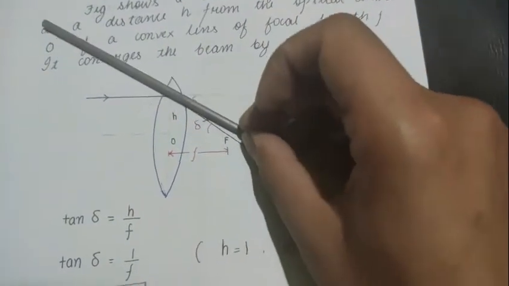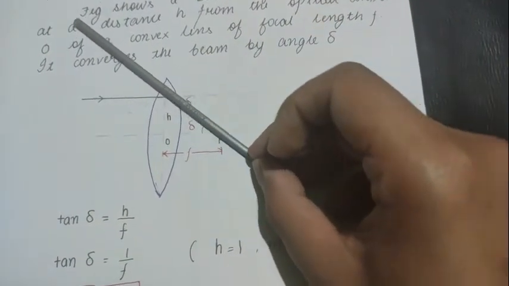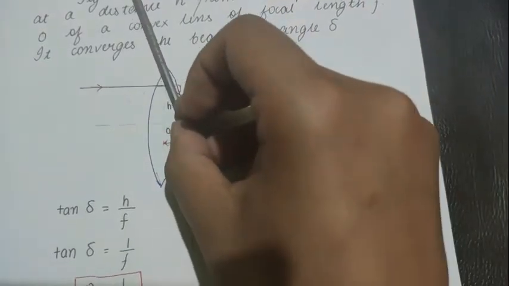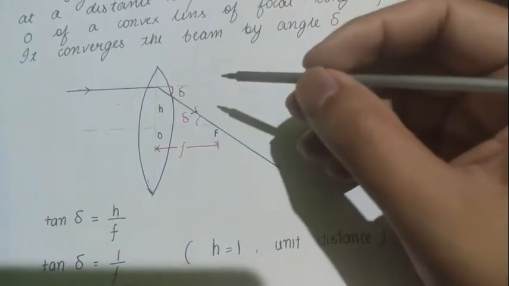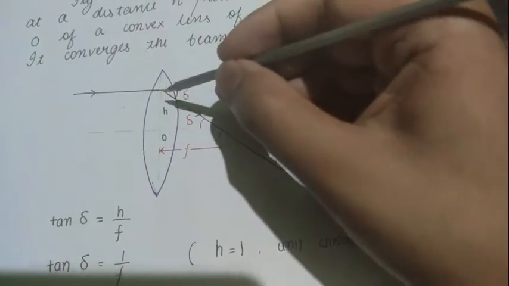Clear? By which it converges. See, this is one tangent, this is another tangent, this is another tangent. Clear? The tangent of the angle by which it converges.